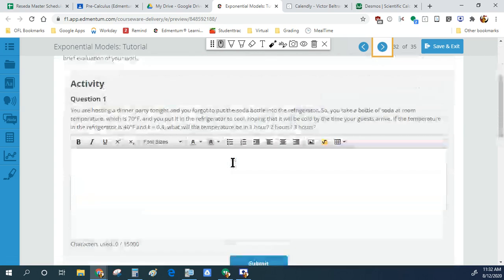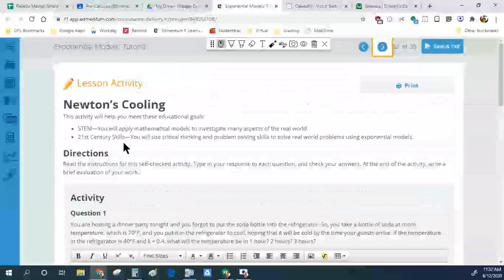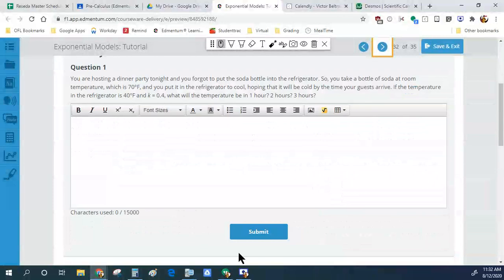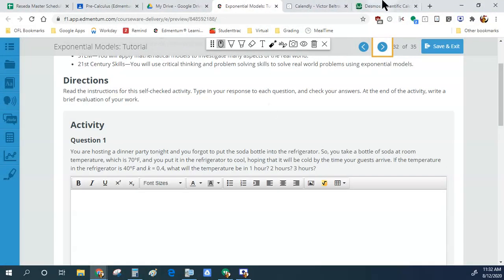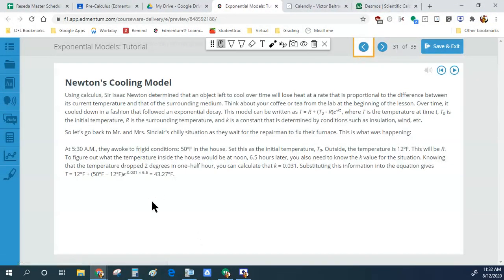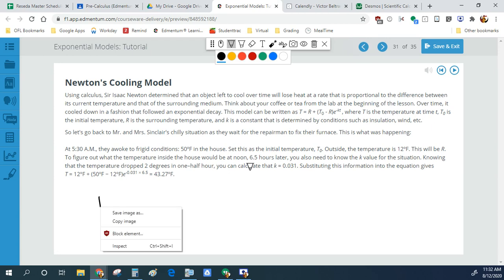So now we're going to be looking at that actual formula. When you guys are doing this, just remember to always click and submit or write this down on a piece of paper. That way you can always go back and forth here. So we're going to use this model here. What I'm going to do is I think I'm going to cheat. 50F minus, or I don't need to put the F because this is all in F. 50F minus that.